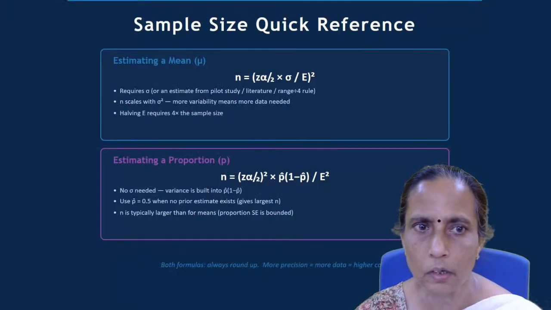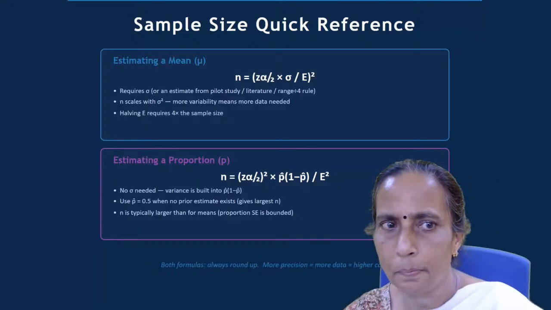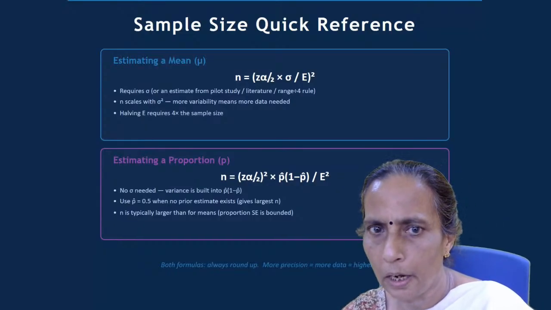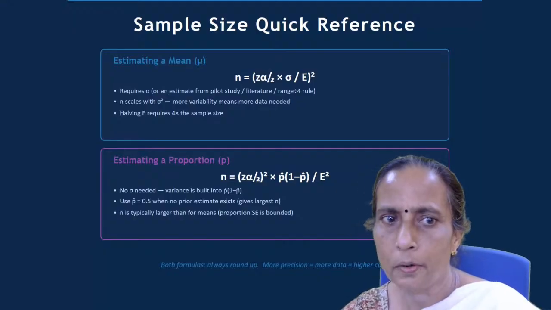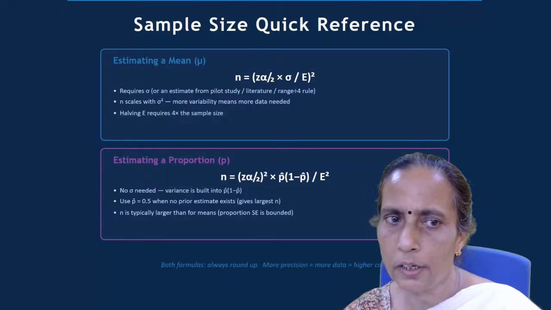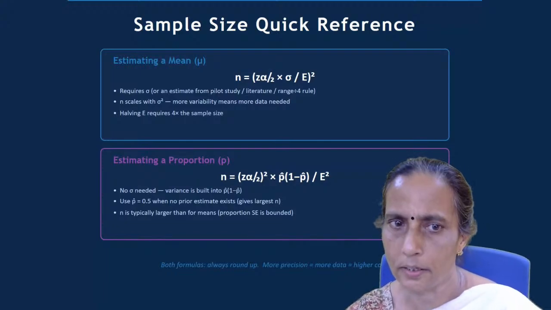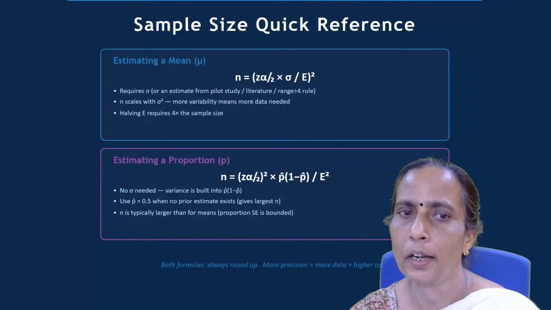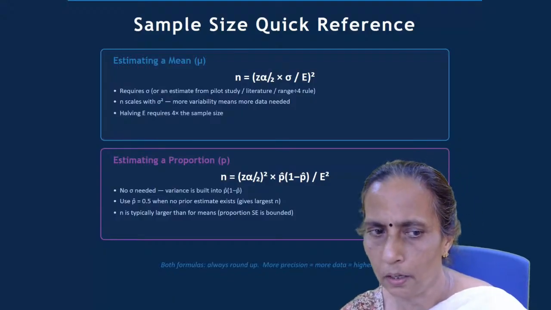A quick reference for sample size when estimating a mean mu: the formula is this, it requires your sigma or an estimate from a pilot study, n scales with sigma squared, and halving E requires 4x the sample size. And while estimating the proportion p, your sample size should be this.